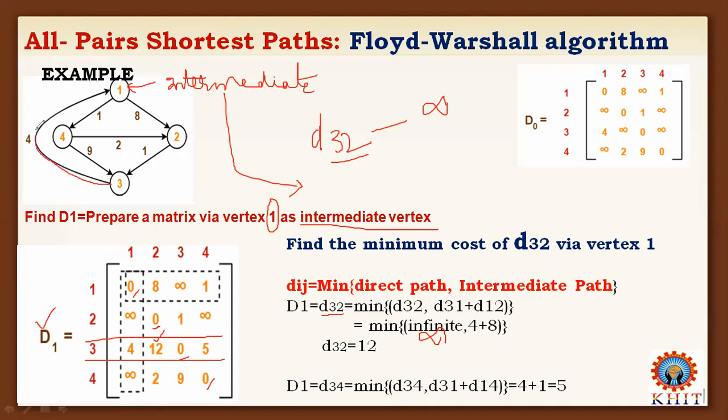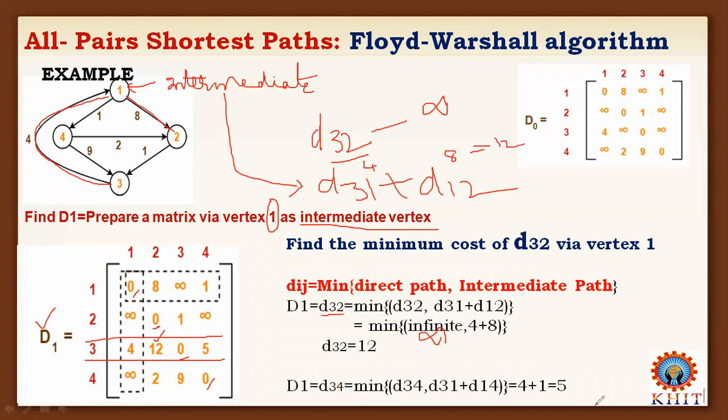To calculate the value through the intermediate vertex, d of 3 to 1 and d of 1 to 2. First move from 3 to 1. The 3 to 1 value is 4, and the d of 1 to 2 value is 8. 8 plus 4 is equal to 12.